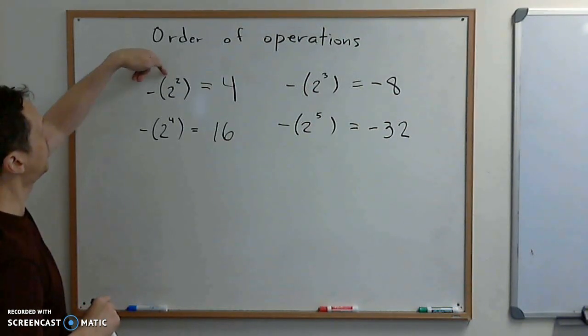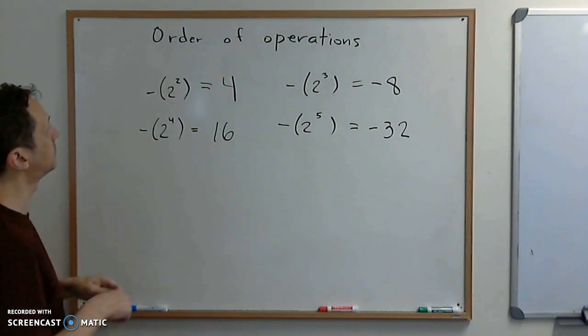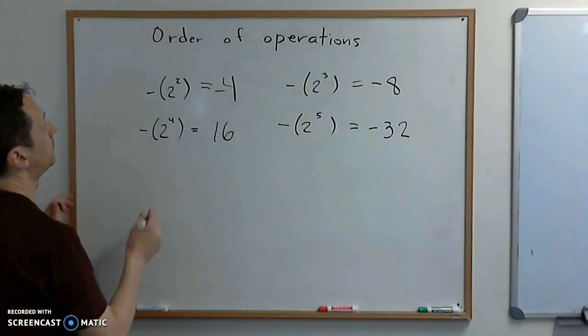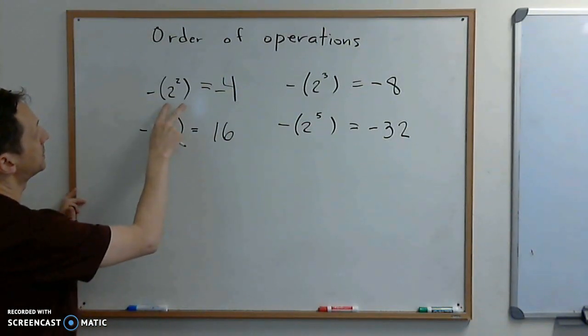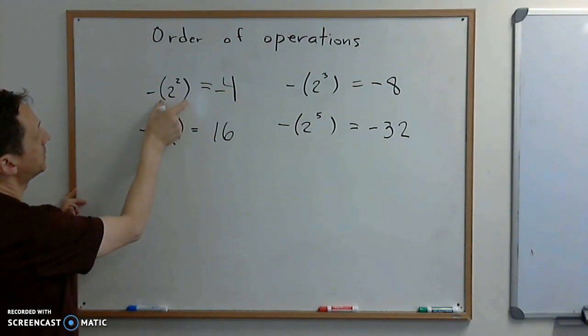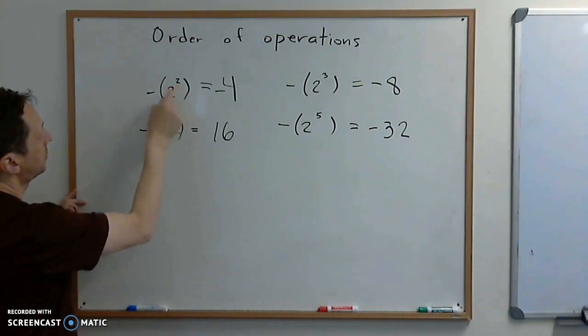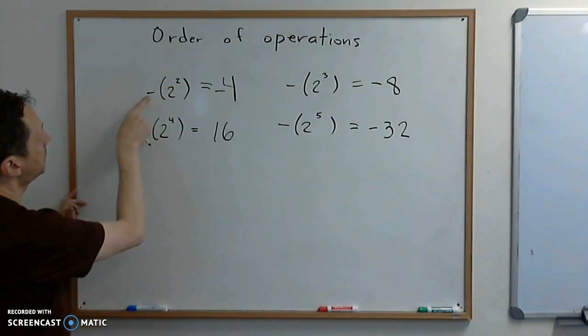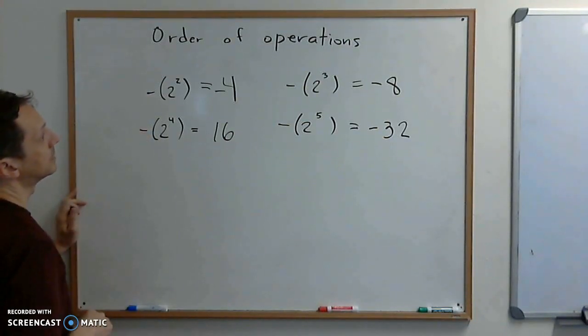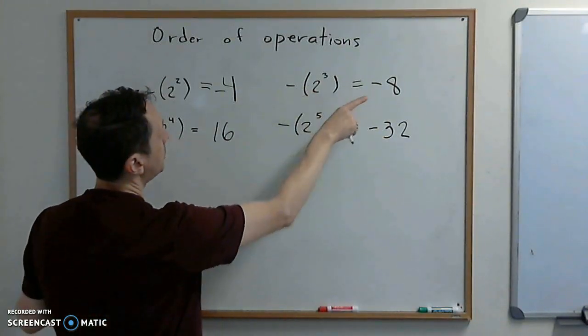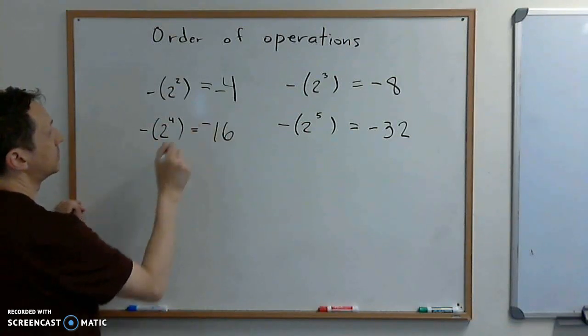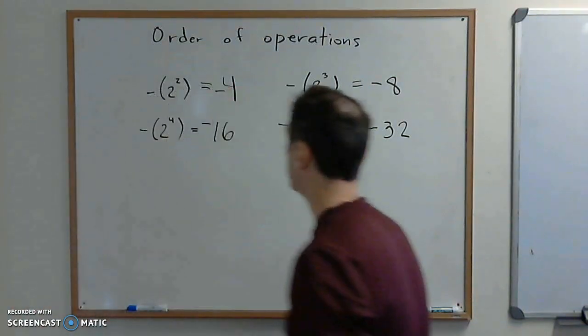So I think it should be clear to you that this one is no longer +4, it's negative now. The way we think about this is, because we see the parentheses here, it indicates that the first thing we do is we take the exponent 4, and then we take its opposite. Okay, this one would also be -8. I think you should agree that all of them will be negative now.